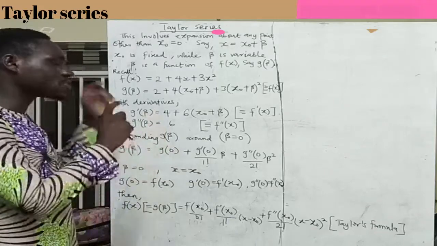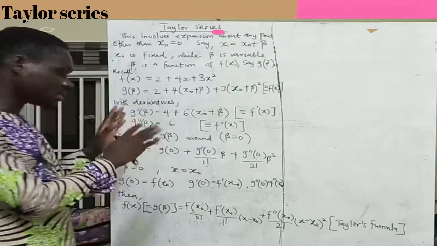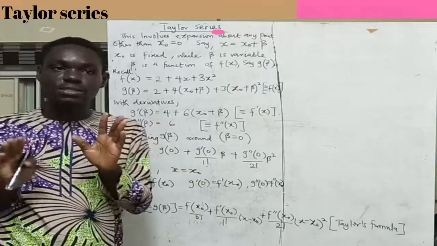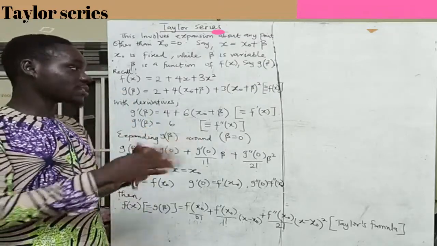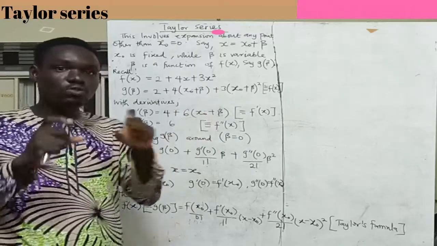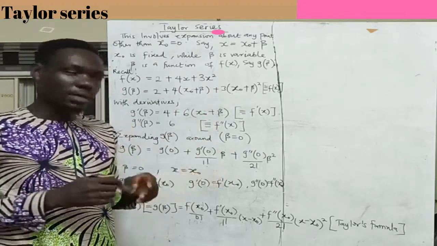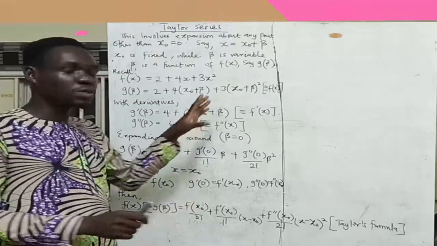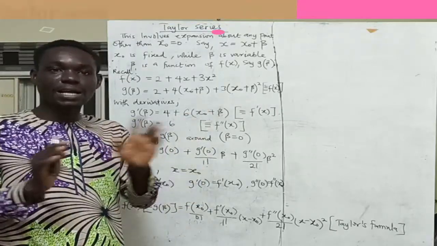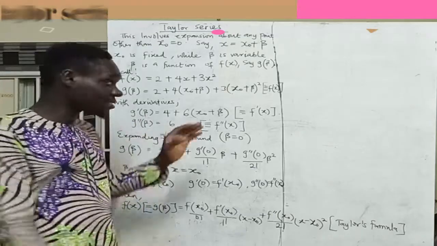Because this Maclaurin and Taylor series are devices, like I said in the last class, that transform all functions into polynomial form. So they are usually in polynomial form. So when you are dealing with polynomial functions, the approximation they give is usually exact.